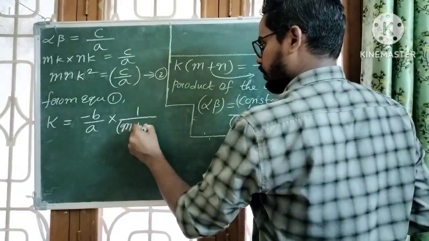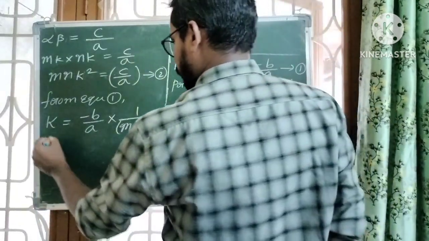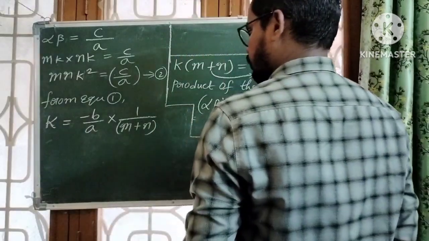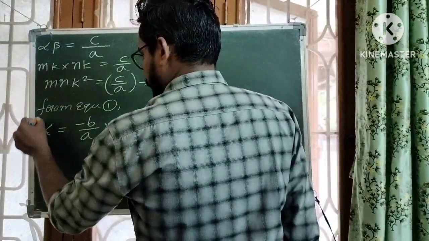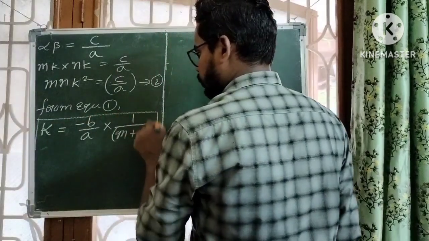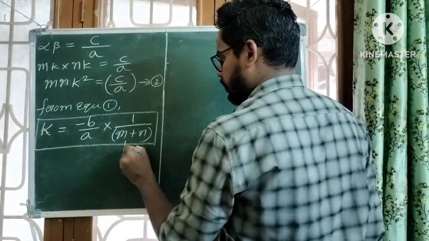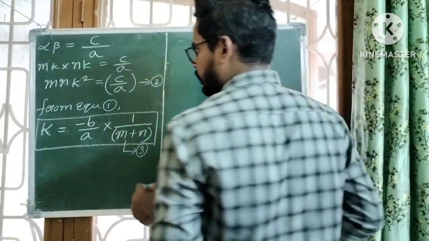K is equal to minus b by a into 1 by m plus n. So we got k is equal to minus b by a into 1 by m plus n. Name this equation as number 3.